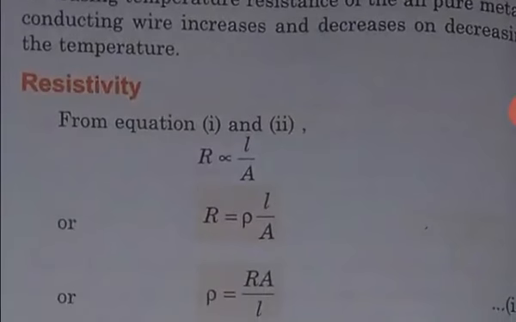So, the resistivity: R is equal to rho times L upon A. The unit of specific resistance is ohm meter.